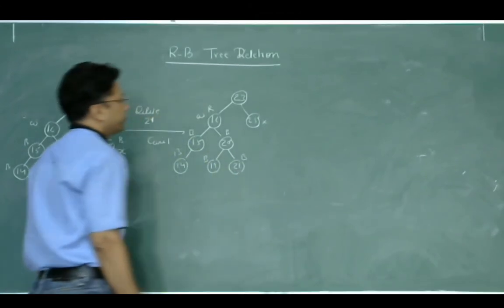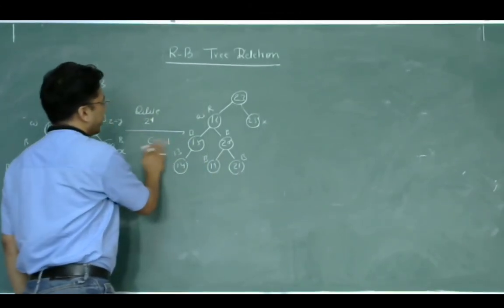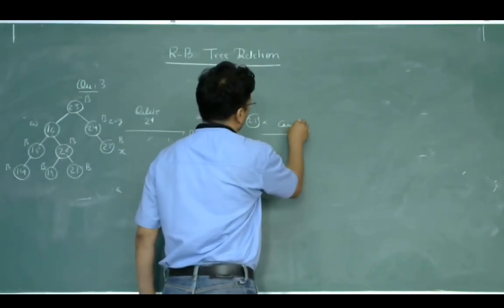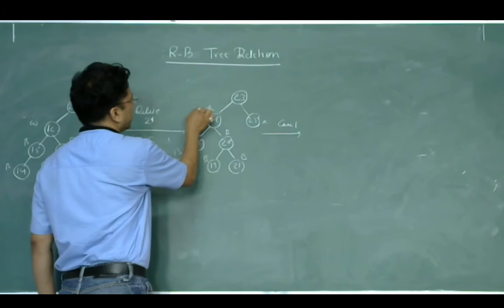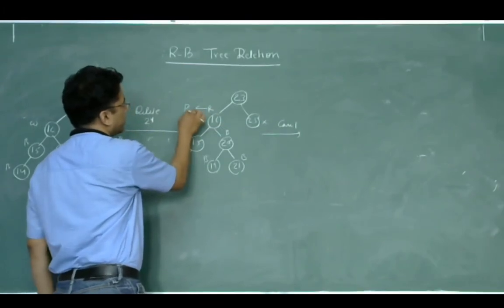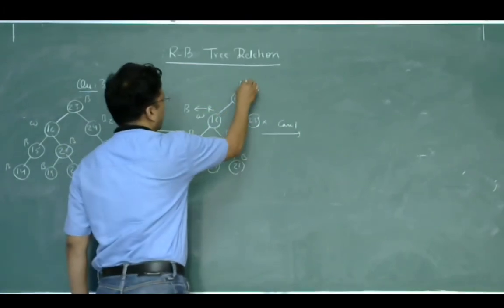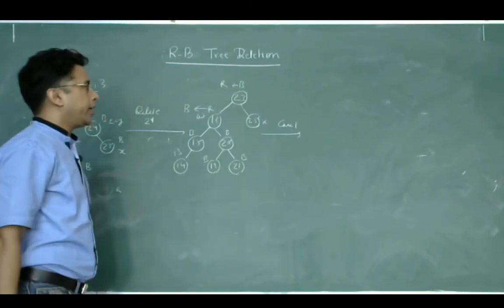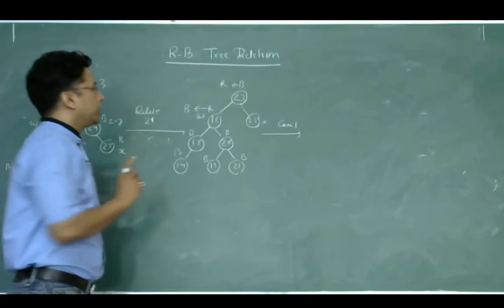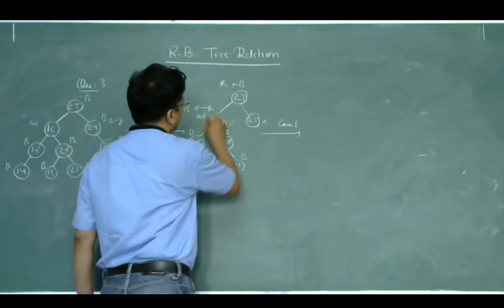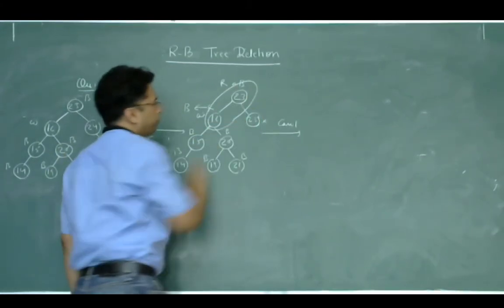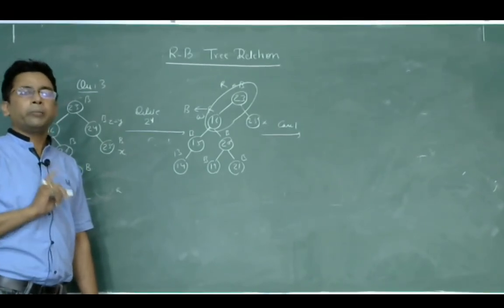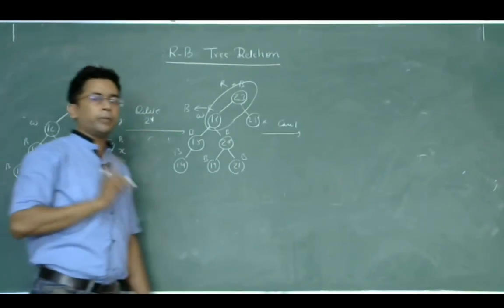Then in this case, applying case 1, the color of the sibling, which is red, will be changed to black, and the color of the parent, which was black, will be converted into red. And after that we perform the right rotation between the parent and sibling.